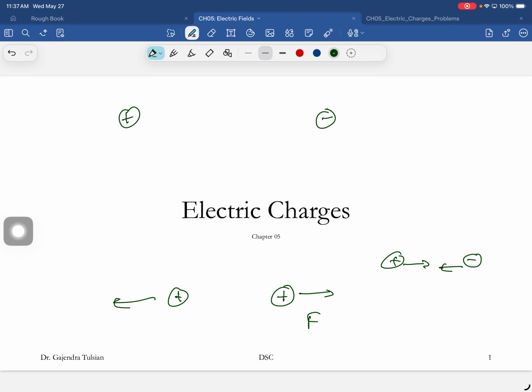So one of the first things we want to know is the direction of the force. You can connect a line to these two charges, and the direction of the force is along that line. And then what is the next thing you want to know? The magnitude of the force.